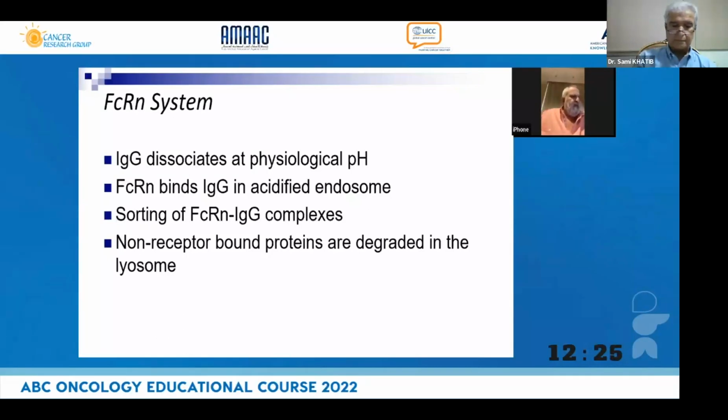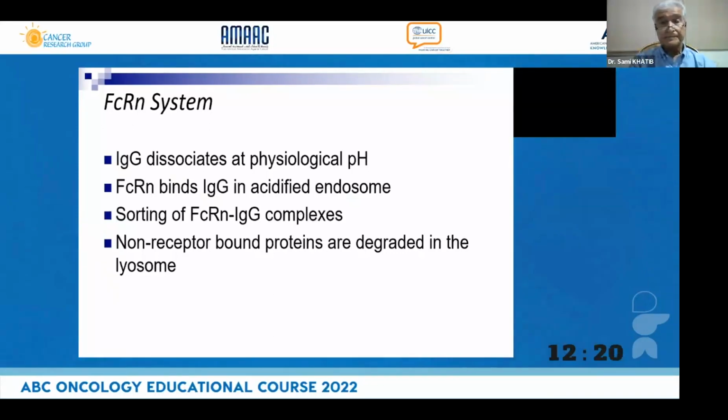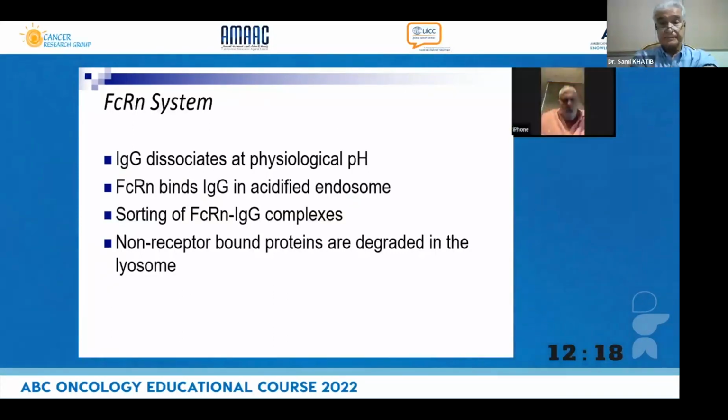We know that IgG dissociates at physiological pH, and the FcRn binds to IgG in the acidified endosome while sorting, forming a complex that prevents the IgG from being degraded in the lysosome. Next slide.